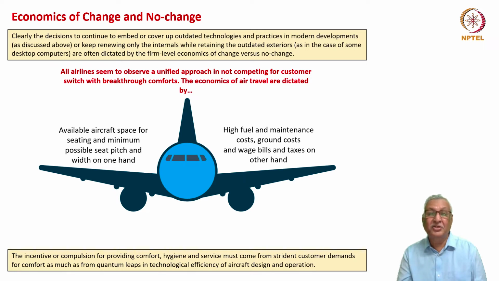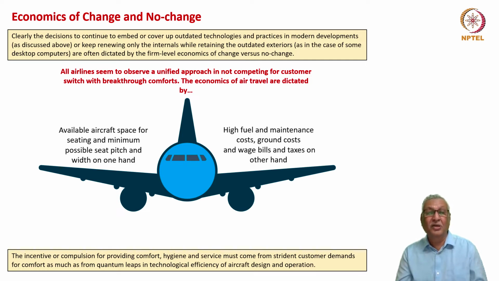The economics of air travel are dictated by available aircraft space for seating and minimum possible seat pitch and width on one hand, and high fuel and maintenance costs, ground costs, wage bills and taxes on the other hand. The incentive or compulsion for providing comfort, hygiene and service must therefore come from strident customer demands for comfort as much as from quantum leaps in technological efficiency of aircraft design and operation.